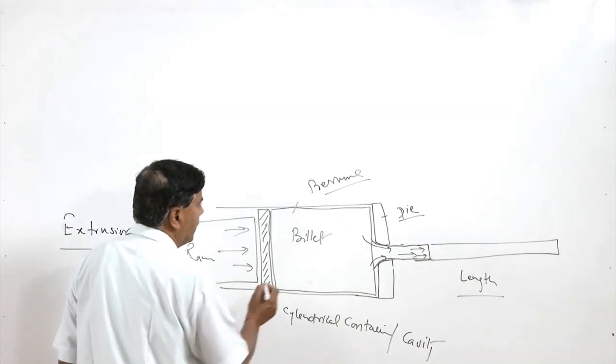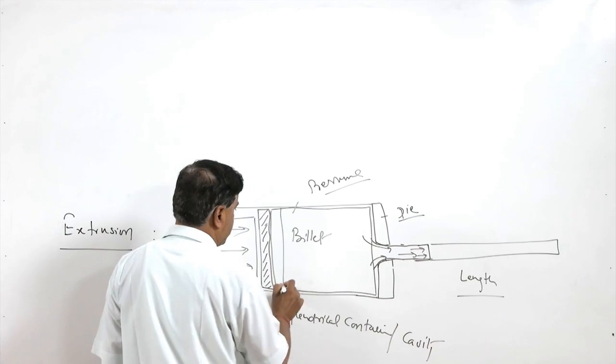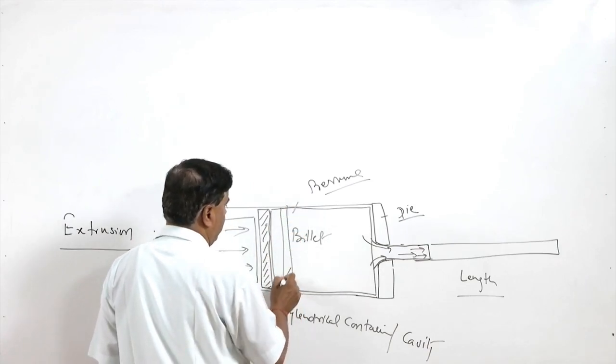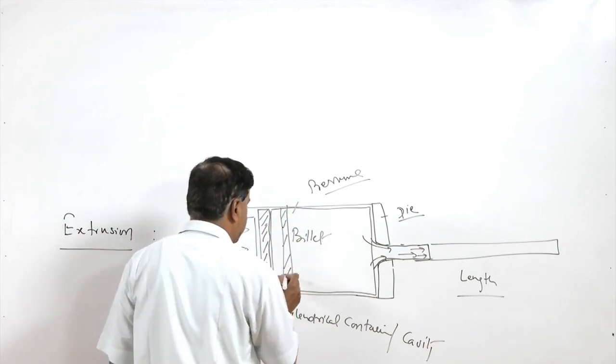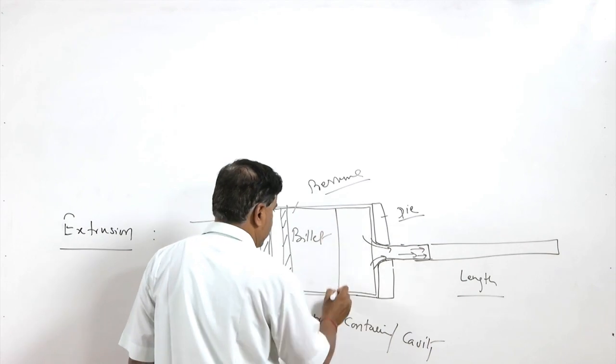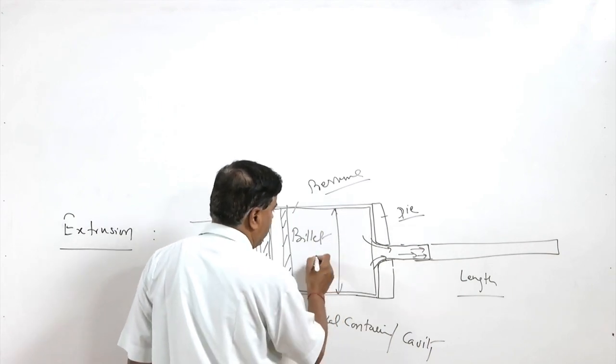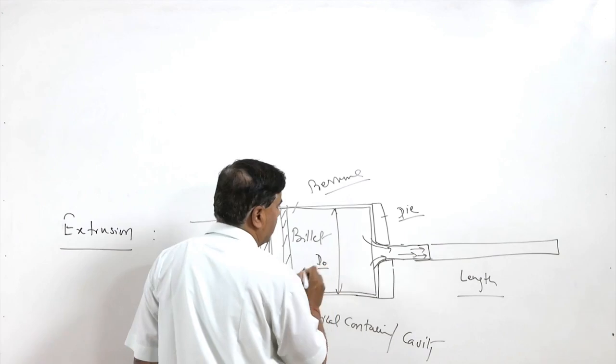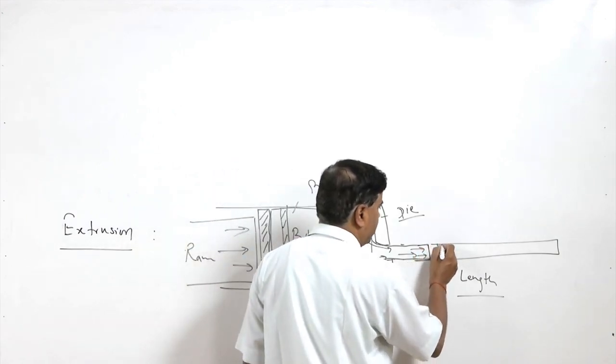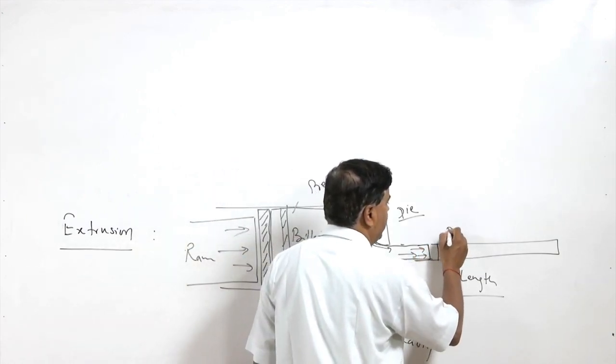Here we see the cross section of the billet. If it is cylindrical, the diameter is d naught, and the diameter after extrusion is df.